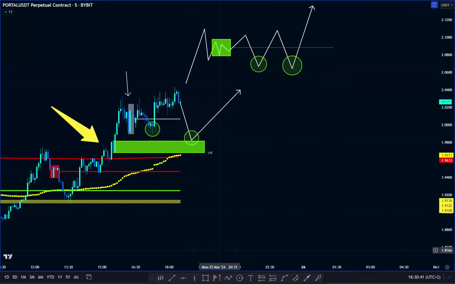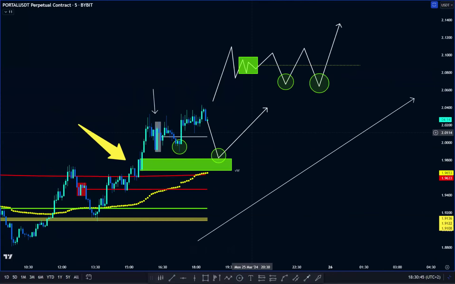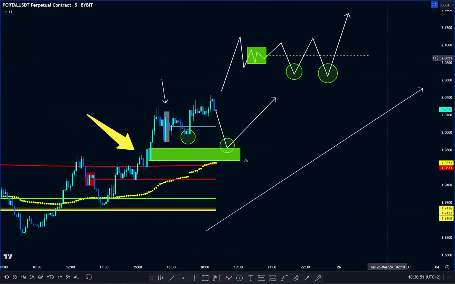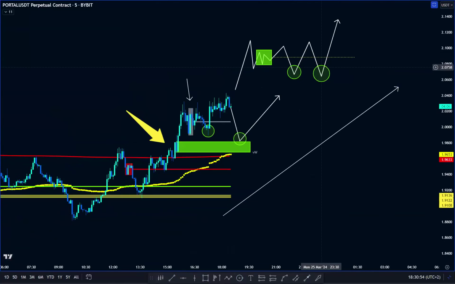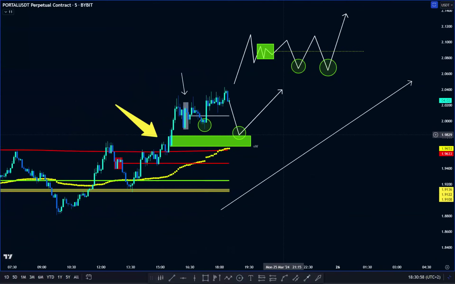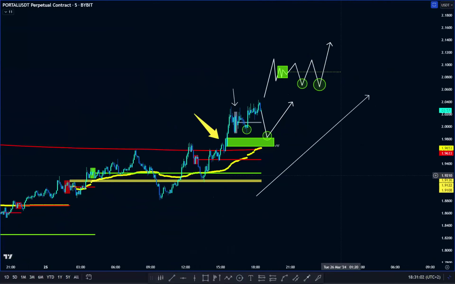So say price is moving on a trend like this. This is what usually plays out. We get a contraction box, and then we get another one, and then it goes up and creates another one. So we can look for great re-entries underneath over here. But I mean, let's see what happens. But this thing looks very bullish, and it looks like it can still go up quite a lot.